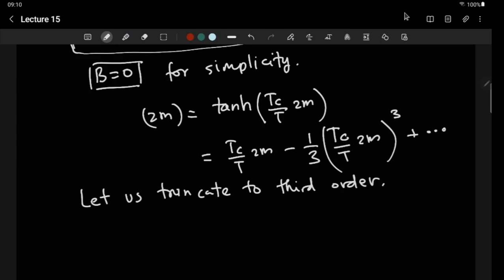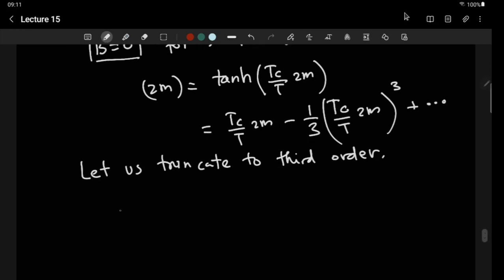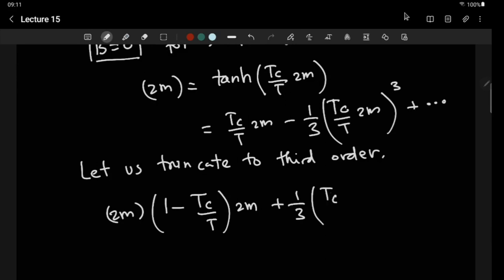That we already have done in some sense. So the equation becomes 2m into 1 minus Tc upon T into 2m plus 1/3 Tc upon T into 2m cubed equal to 0.